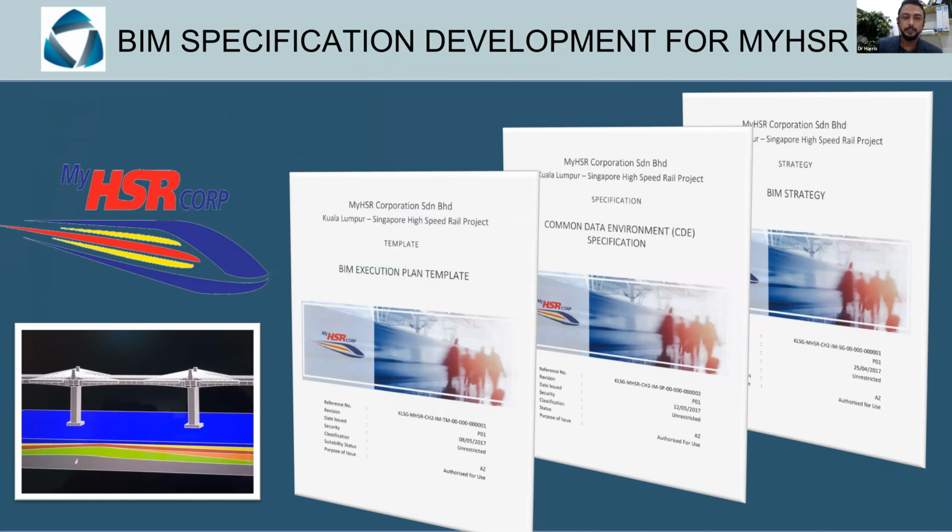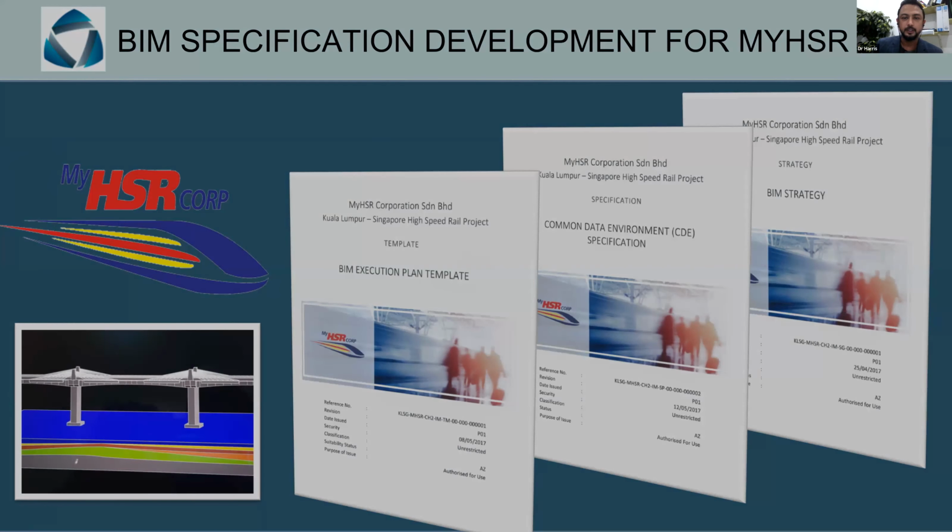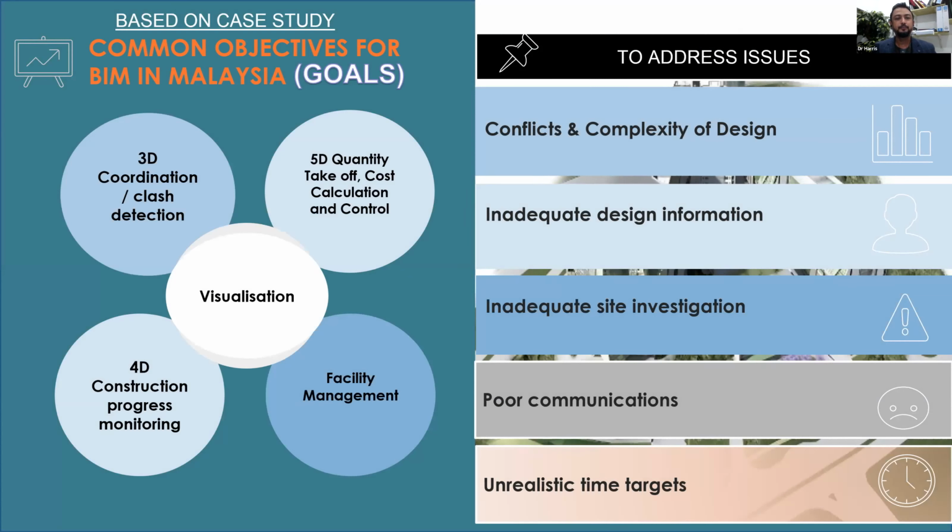And we developed the specification for this high-speed rail, the common data environment specification, BIM execution plan, and BIM strategy for the HSR corporation. And mostly what the client requests from us is to handle the 3D coordination, clash detection, 5D quantity takeoff, cost calculation and control, 3D visualization for construction progress monitoring, 4D, and facility management.